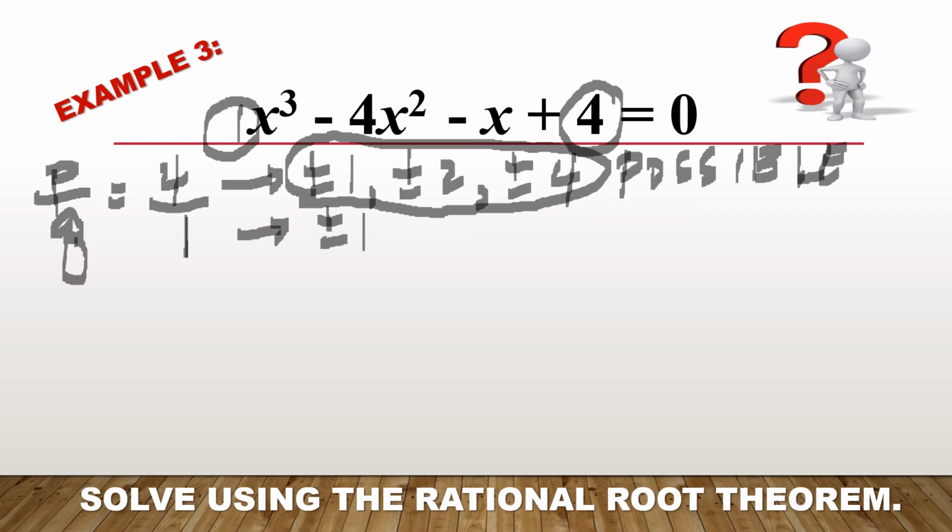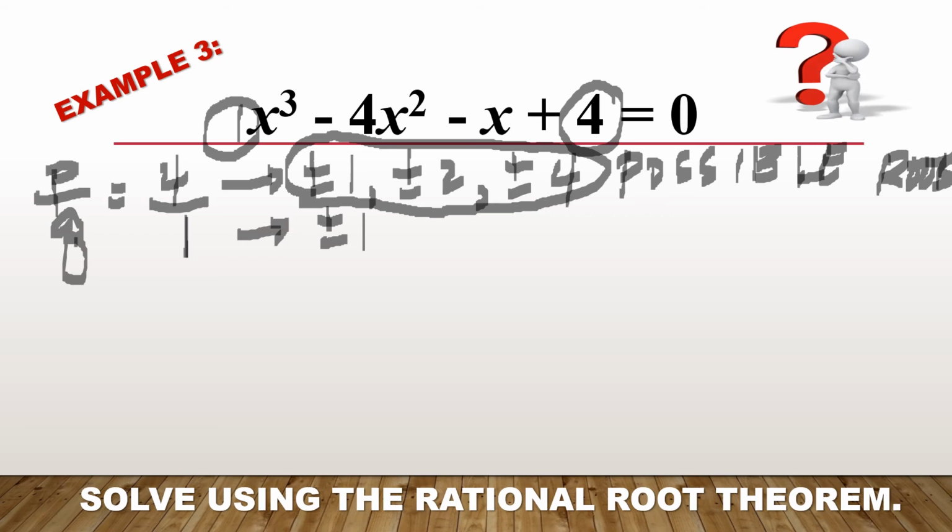Now, how do we look for the roots, the real roots, the rational roots? We have to do the same as what we did in number 2. So, we have to test all of these: positive, negative 1, positive, negative 2, positive, negative 4.